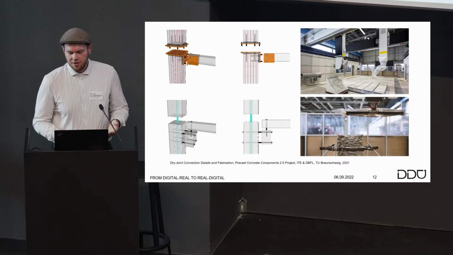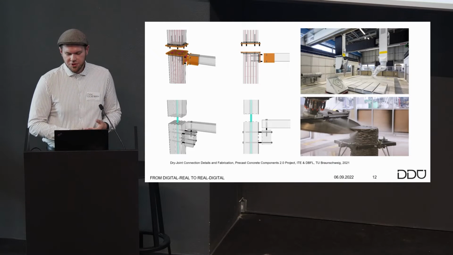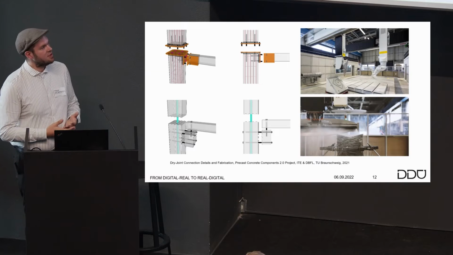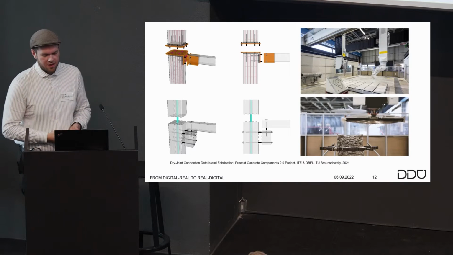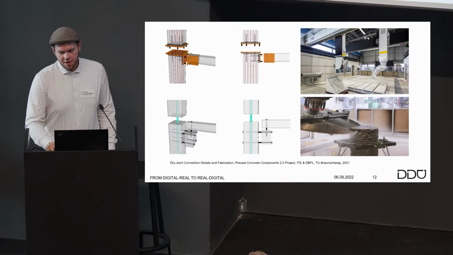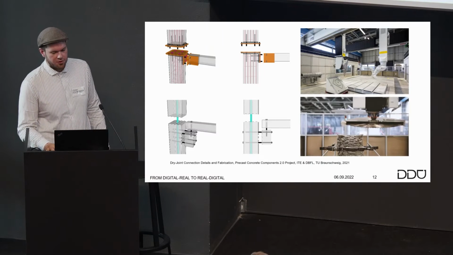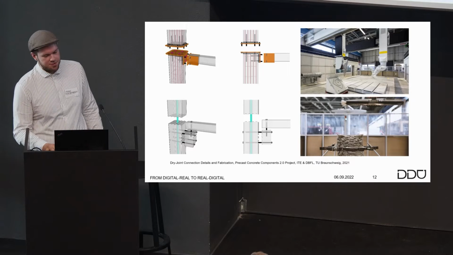Instead, the connection details are predefined and refurbished, and we refurbish the components with minimal adjustments based on the design's demand. For fabrication of the connection details, the robotic equipment and experience at the Digital Fabrication Laboratory at TU Brunswick are being used.